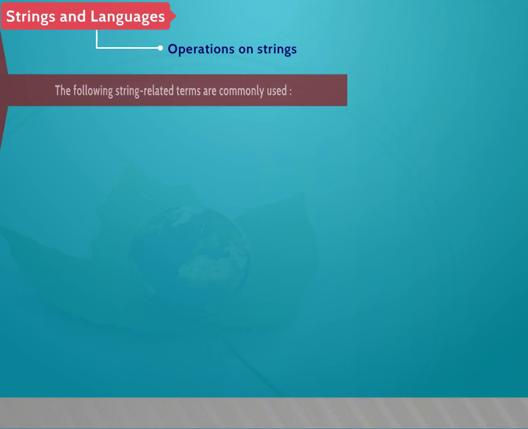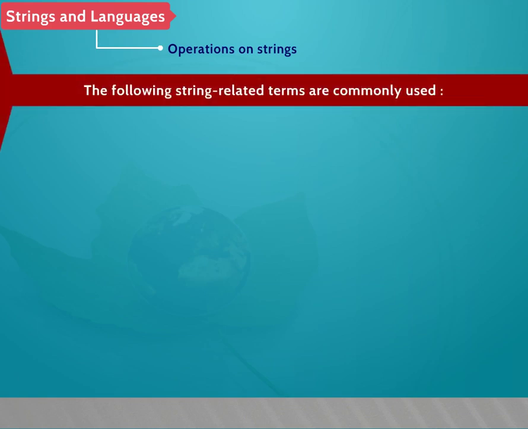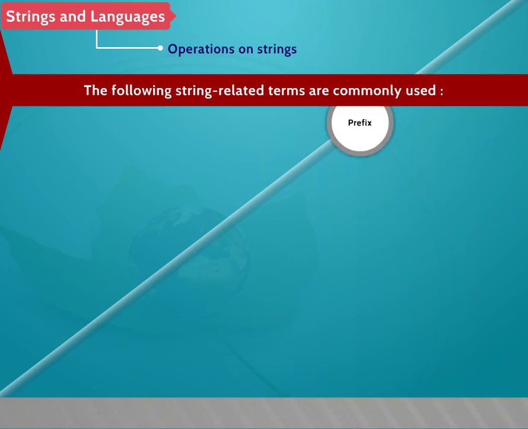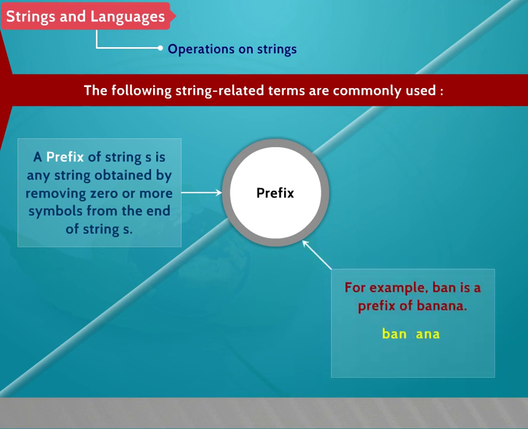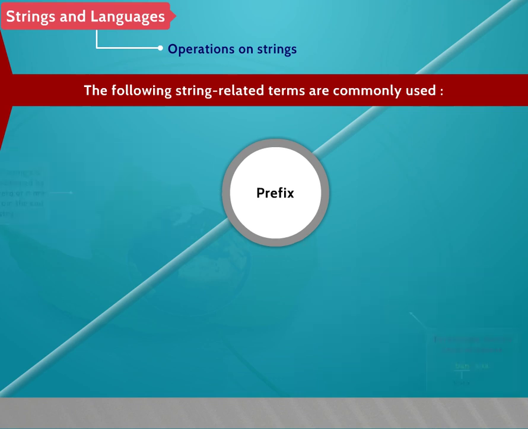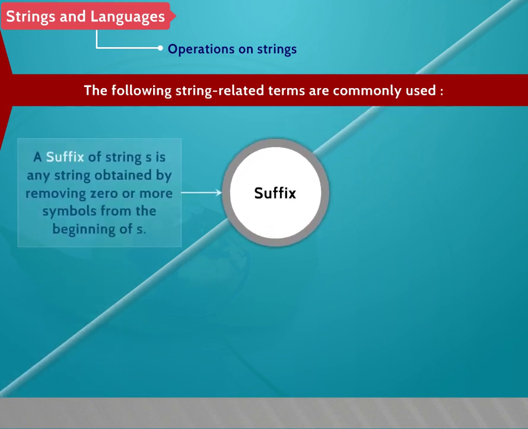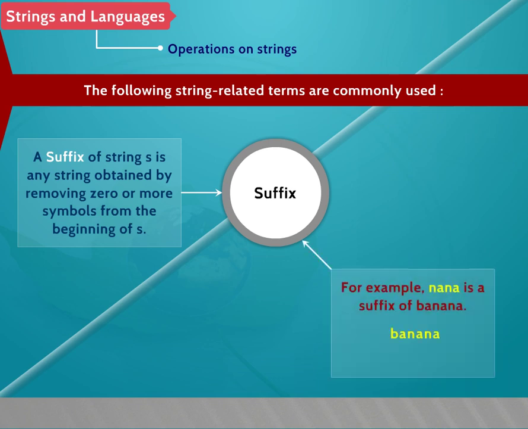Operations on strings. The following string-related terms are commonly used. Prefix: a prefix of string S is any string obtained by removing 0 or more symbols from the end of string S. For example, ban is a prefix of banana. A suffix of string S is any string obtained by removing 0 or more symbols from the beginning of S. For example, nana is a suffix of banana.